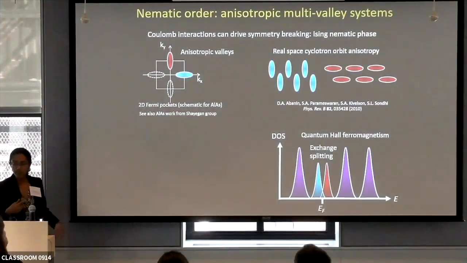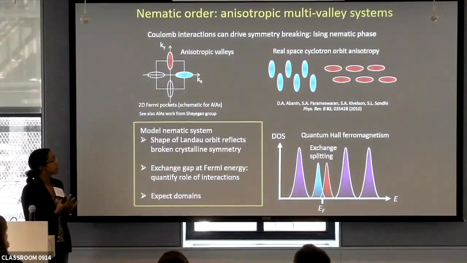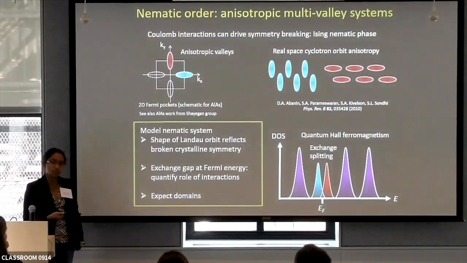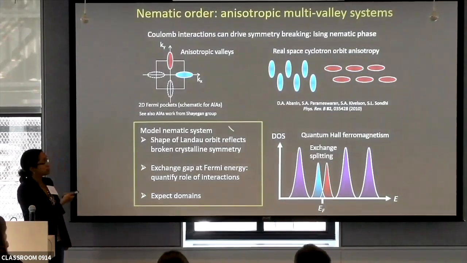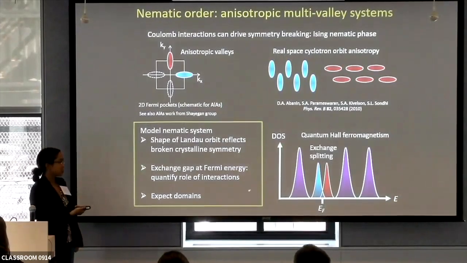So this kind of anisotropic multi-valley system can form a model nematic system where we can study, first of all, the breaking of the complete rotational symmetry by looking at the shape of the cyclotron orbits, and also directly quantify the role of interactions by looking for these energy gaps around the Fermi level.